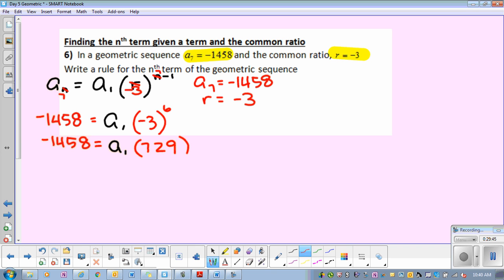How do I solve for this a sub 1? These two are multiplying. So what do I need to do? Divide. So a sub 1 equals what?